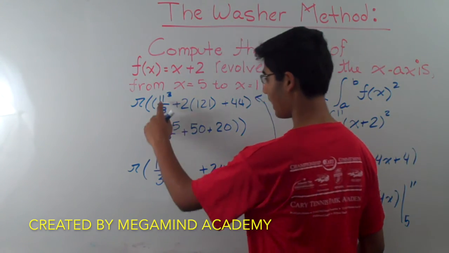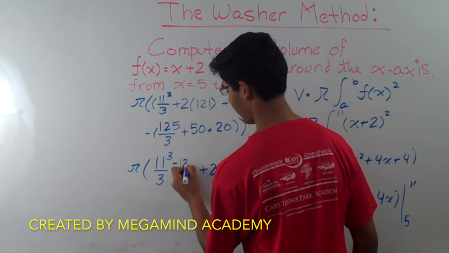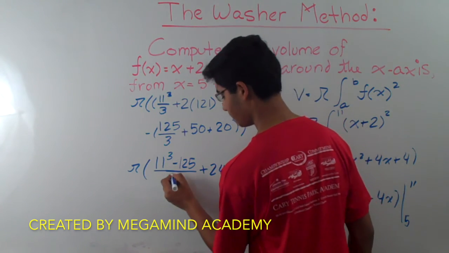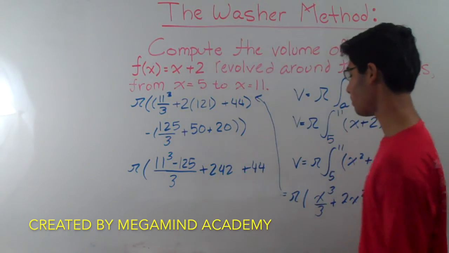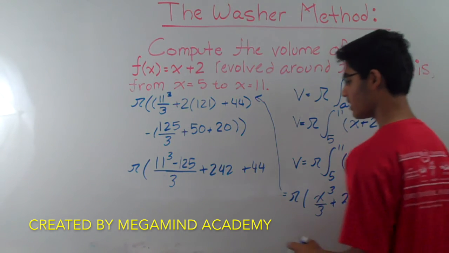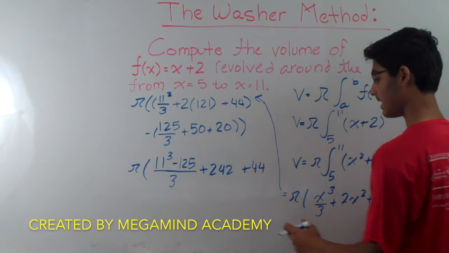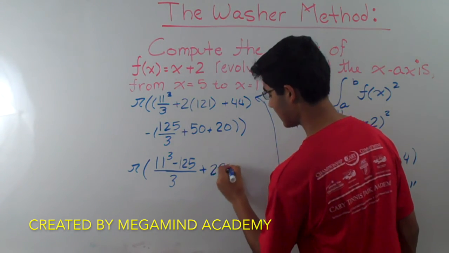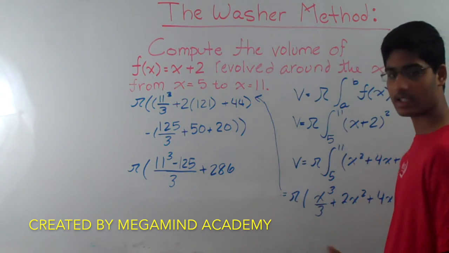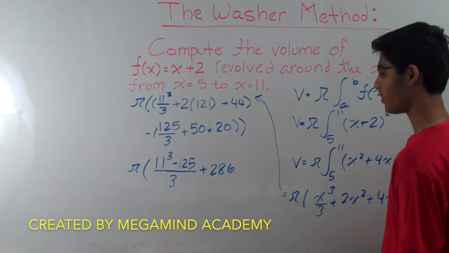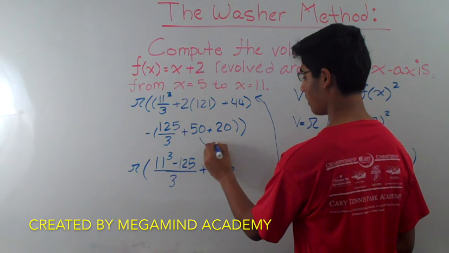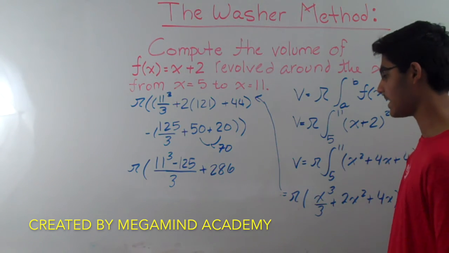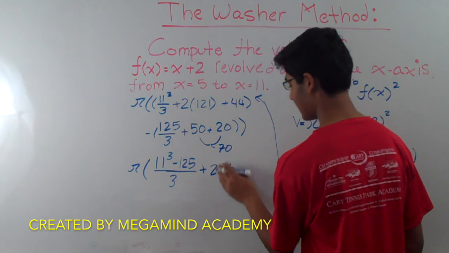We can combine these two to get 11 cubed minus 125 all over 3, plus 242 plus 44, which combines to be equal to 286. Likewise, 50 and 20 combine to be equal to 70. So we can subtract 70 from 286 to get 216.